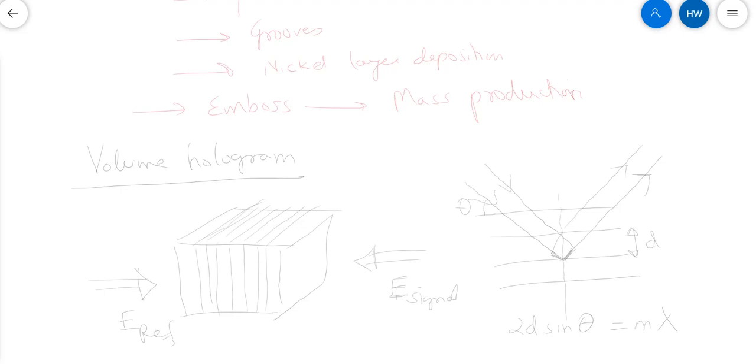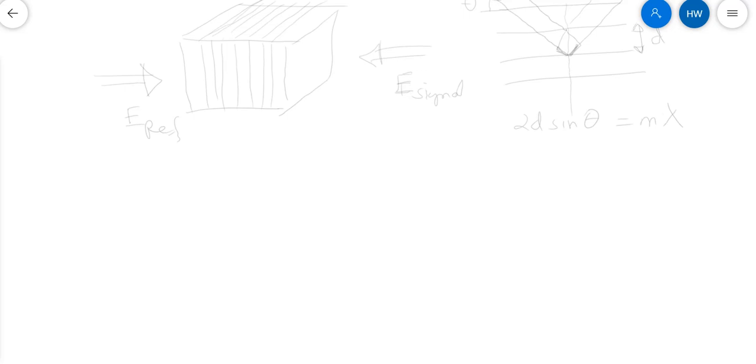So what I can do here now is create multiple exposures with three primary beams, right? So for example, I come in with E reference and E signal both in the red. I can come in with the blue. I can come in with the green, and they are done at three different times.